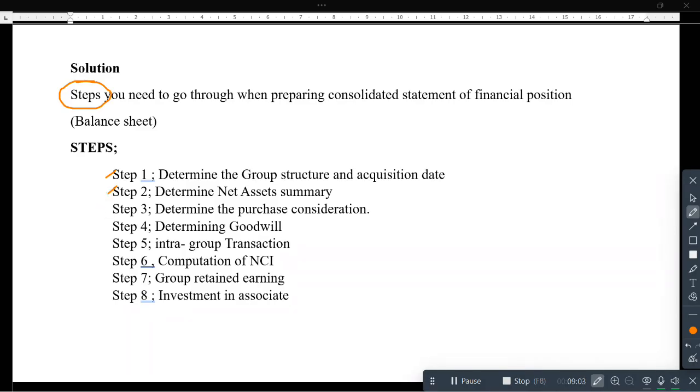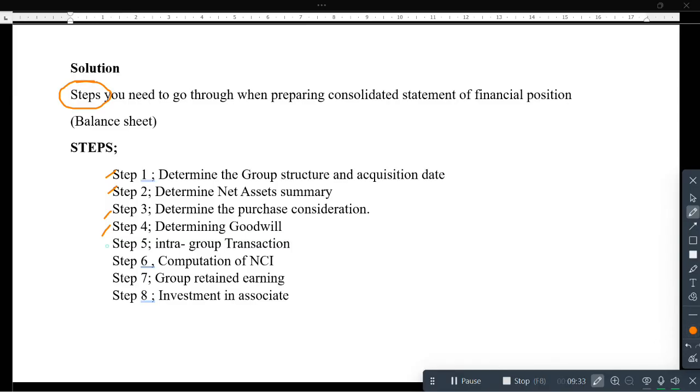We shall try to come up with purchase consideration. If it is not given, we determine it. If it's given, well and good, we pick that. Then we shall be able to look at goodwill, if any. We shall try to look for intra-group transactions. No one will tell you that these things are there. You need to understand the concept, read the question, identify. The moment you find company A is selling goods to company B, that qualifies to be an intra-group transaction. You need to do some calculations there.